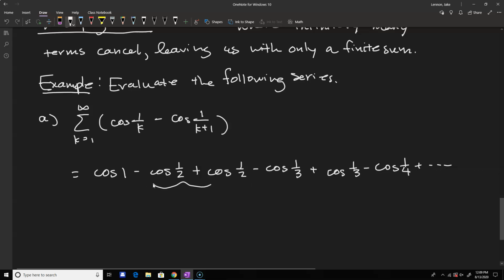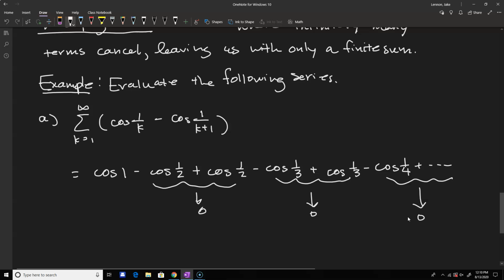So we can see by looking at the second group that this evaluates to 0. The cosine of 1 over 3 cancels, and we know there's going to be a plus cosine of 1 over 4 from the next term, so that's going to 0.